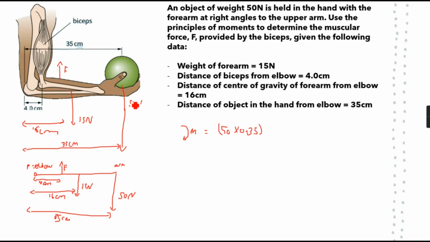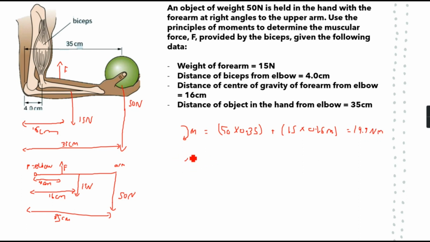Also in the clockwise direction, we've got the weight of the forearm, which is 15 newtons. That's providing a force down in the clockwise direction as well. So we can add that: 15 times its perpendicular distance from the pivot, which is 16 centimeters, or 0.16 meters. And that means the sum of clockwise moments is 19.9 newton meters.